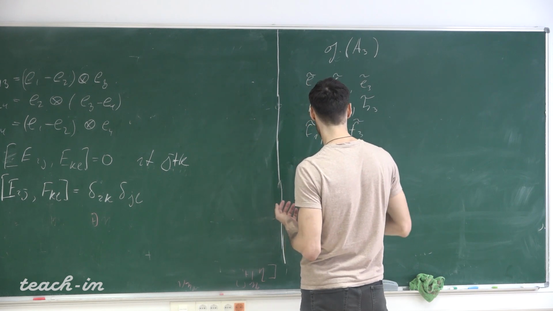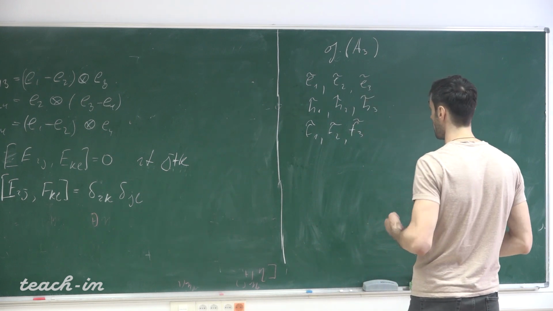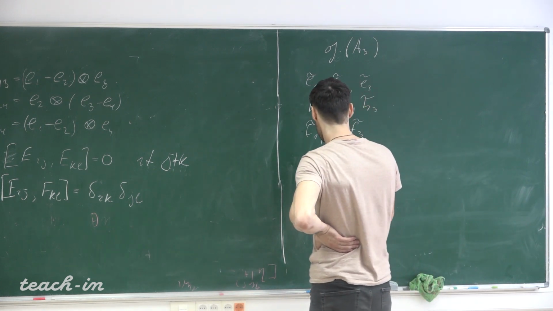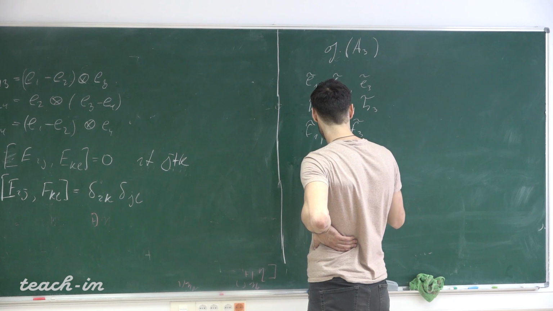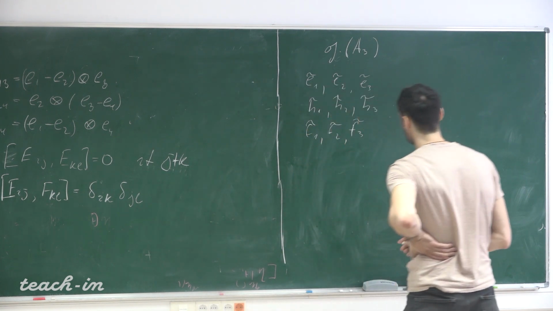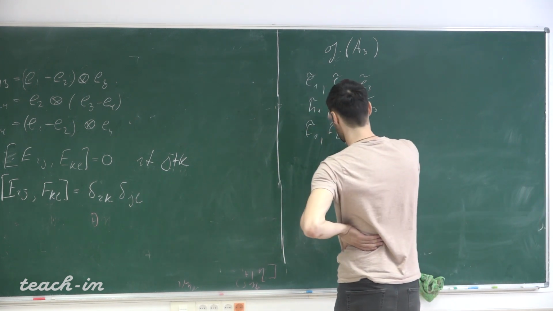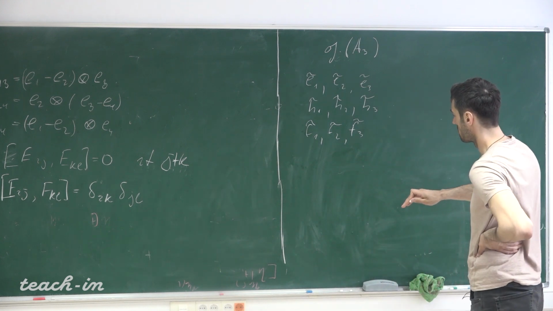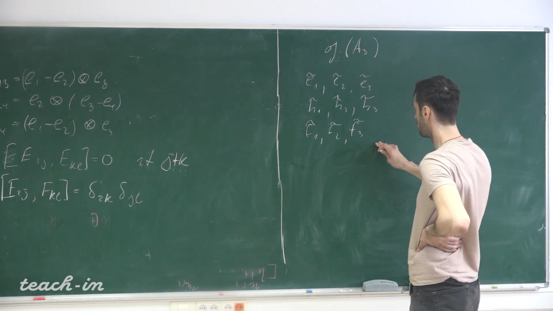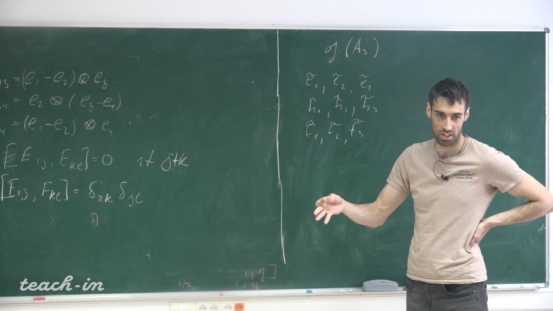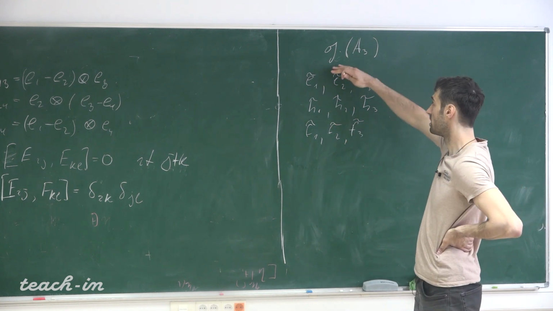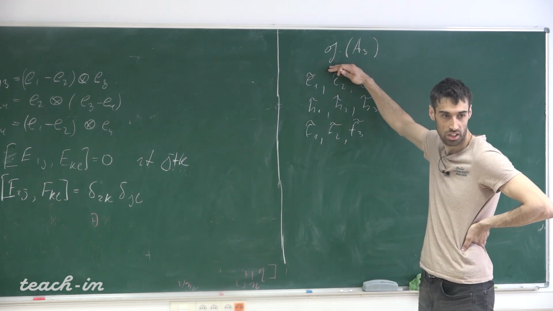And then you have relations as follows. I don't want to write all of them again, so the Serre relations, right? And the claim is that these are all the relations in GA3.